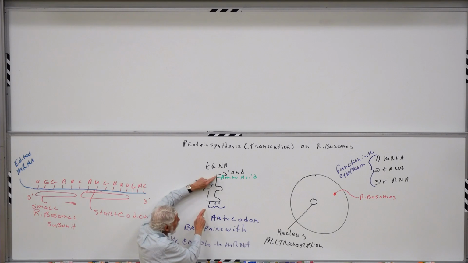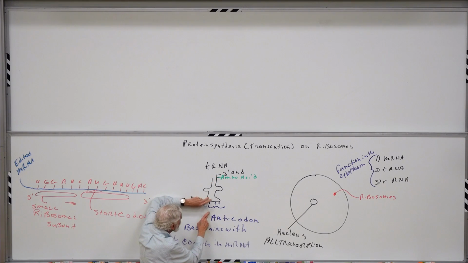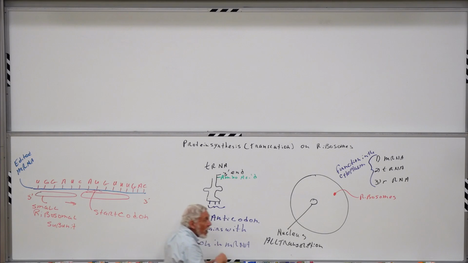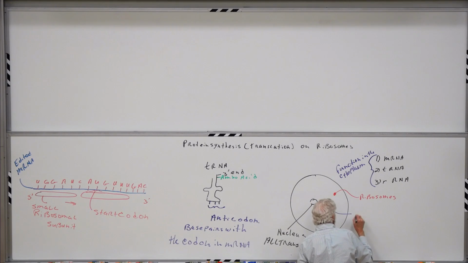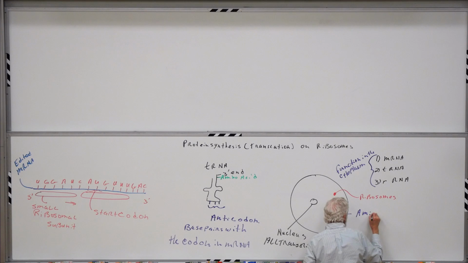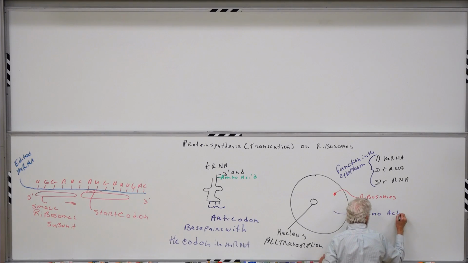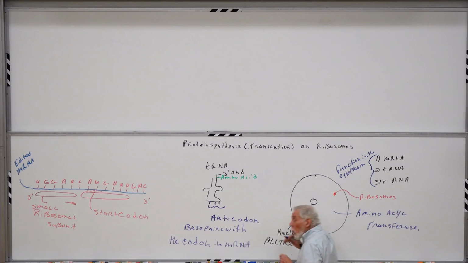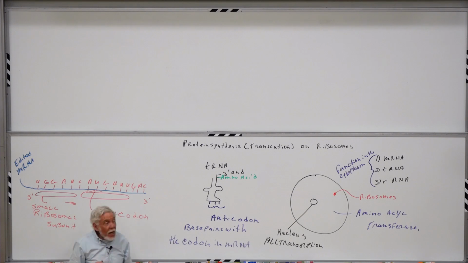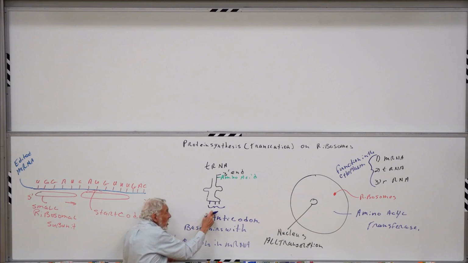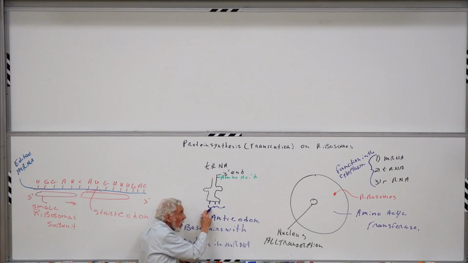That determination is made by a cytoplasmic enzyme called an aminoacyl transferase. What that enzyme does is it finds the anticodon. It recognizes the anticodon, and it will be carrying a specific amino acid that is appropriate for that anticodon.